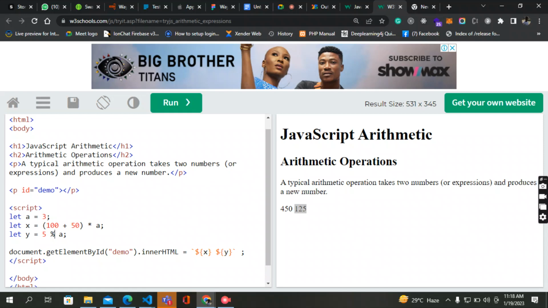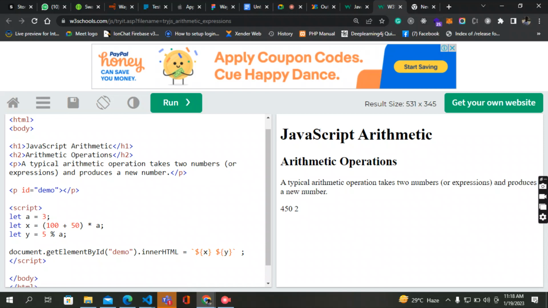Modulus, that is 5 divided by 3. If I run this, 5 divided by 3 is 1 remainder 2, right? So we get 2. Do you understand now? That is what modulus does.